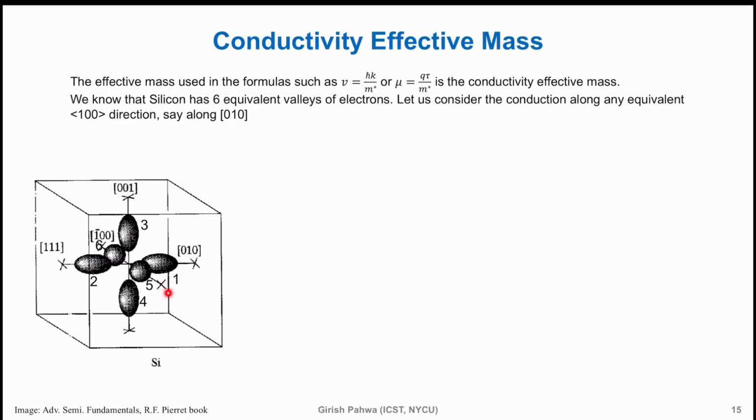Now, the center of all of these valleys is like the conduction band edge. You know that, right? There will be a center k here, in reciprocal space, which gives you some k value. The energy corresponding to the k at the center of this will be the band edge.